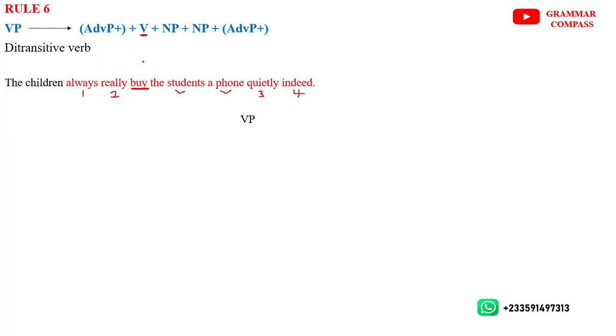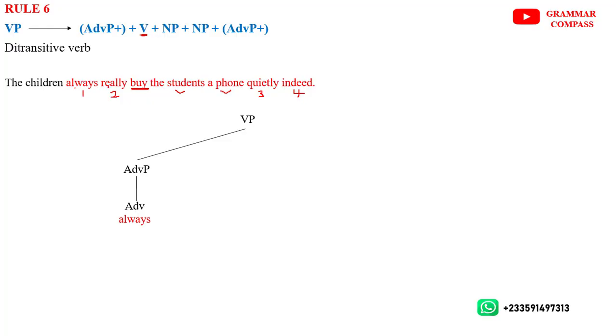First of all, the whole of this, always really buy the students a phone quietly indeed, is a verb phrase. Therefore, we write our verb phrase. Now this verb phrase consists of an adverb phrase, that is the first adverb phrase, and this adverb phrase consists of only 1 word adverb, that is always. Now we are done accounting for always.